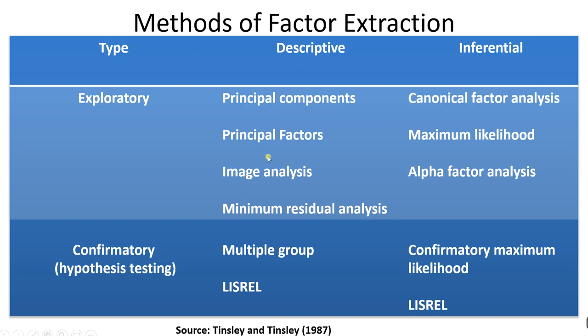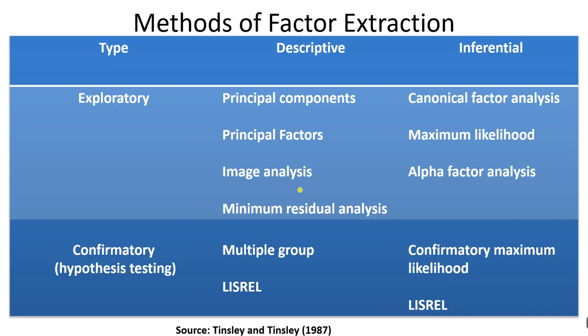Another descriptive exploratory factor analysis is called image analysis. This is basically a variant of principal axis factor analysis, but rather than analyzing the correlation matrix, here the image matrix is analyzed, and I have just explained that the image matrix is a correlation matrix of the predicted variables.